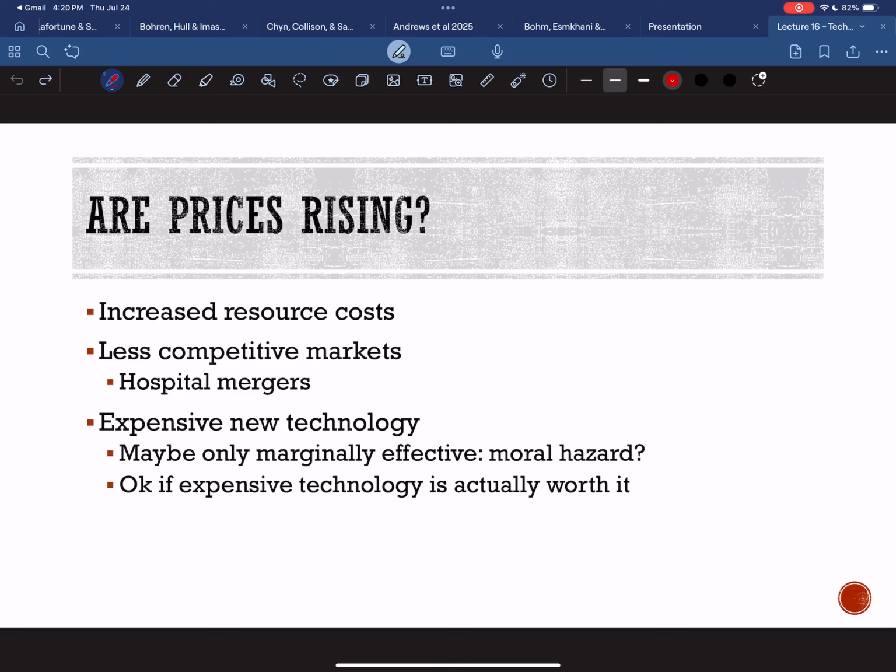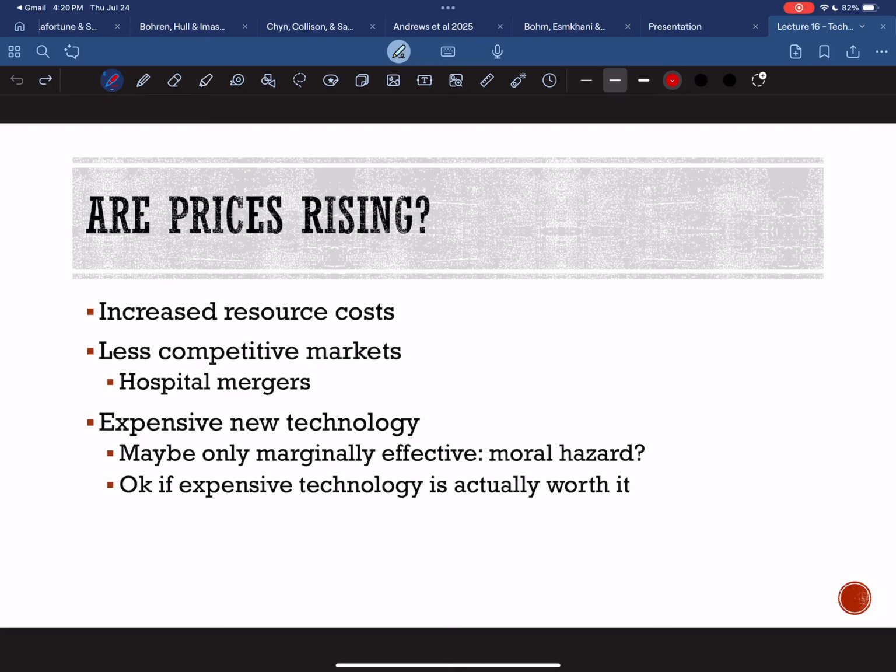There's a more restricted supply of doctors and it's getting more restricted over time. Or maybe just the price of the stuff going into vaccines, the stuff that goes into making pills, maybe that's gotten more expensive over time, right?